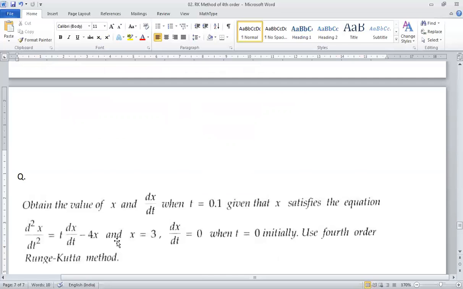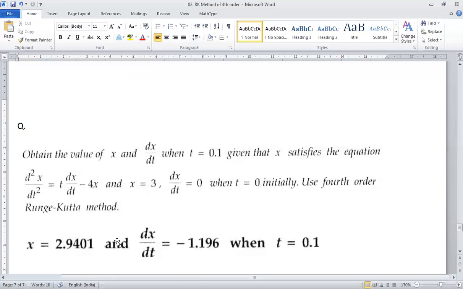For practice, I'm giving you one problem. You can try solving it. The problem says obtain the value of x and dx by dt when t is equal to 0.1. Given that x satisfies the equation d square x by dt square plus t times dx by dt minus 4x, and x is equal to 3, dx by dt is equal to 0 when t is equal to 0 initially.